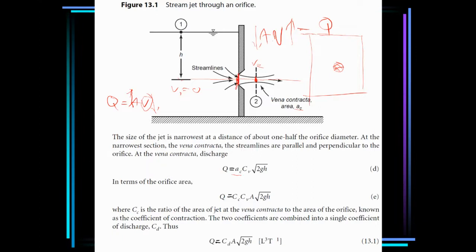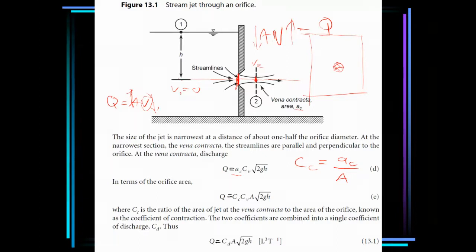We use CC to denote the coefficient of contraction. The coefficient of contraction, CC, is simply the area of the vena contracta over the area of the orifice. It gives us a percentage of how much the orifice area is contracted.